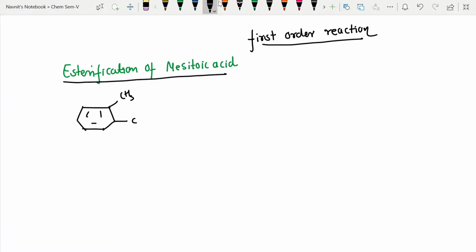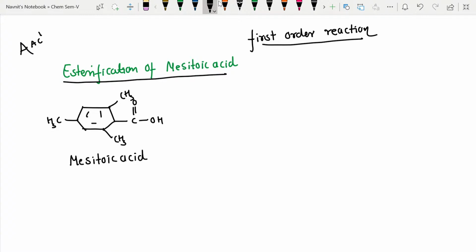So this is our mesitoic acid. It is 2,4,6-trimethylbenzoic acid. And this esterification of mesitoic acid, we are going to explain through the AAC1 mechanism.